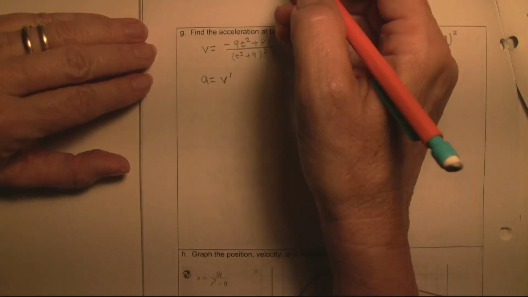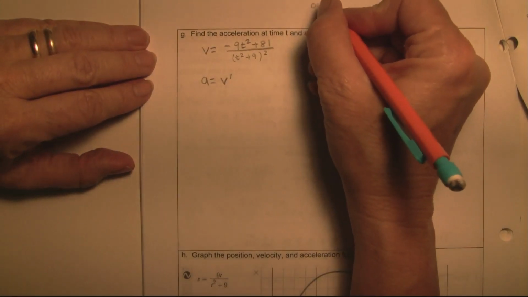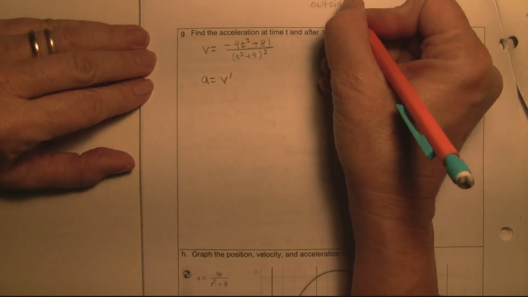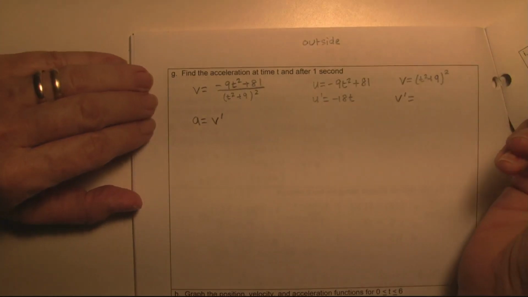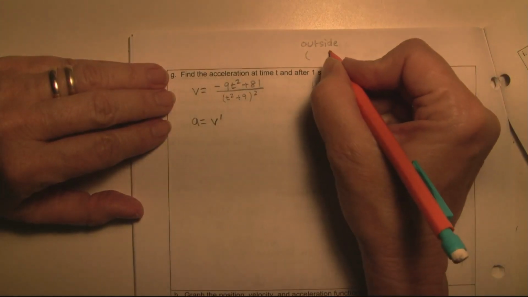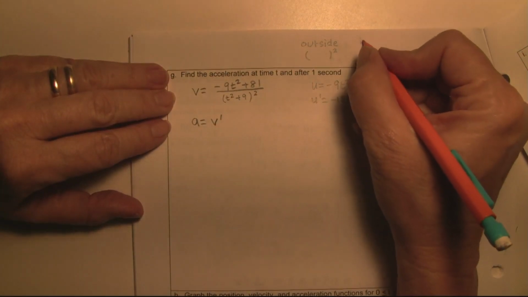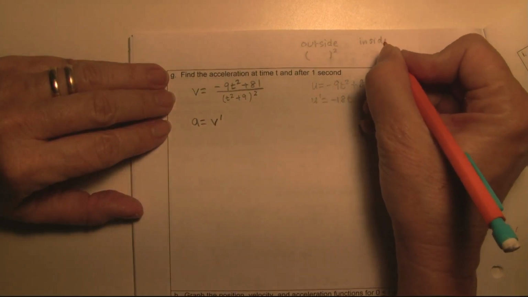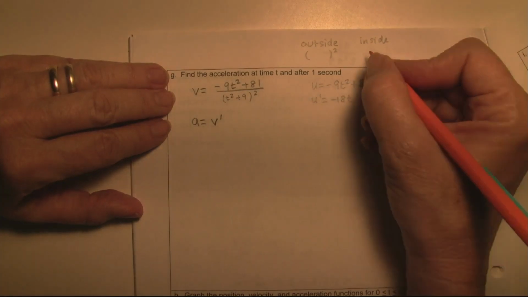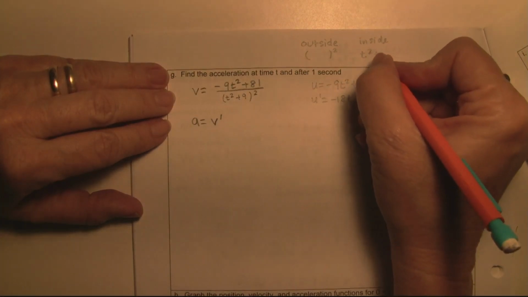So how the chain rule works is you think about the outside. So this would be in your thoughts. Am I writing where you can see? And that is something squared. And you think about the inside, which is t squared plus 9.